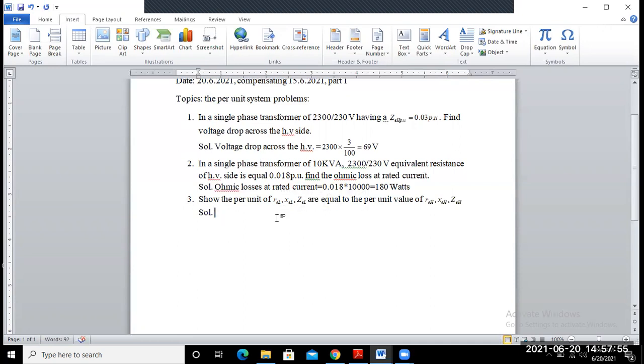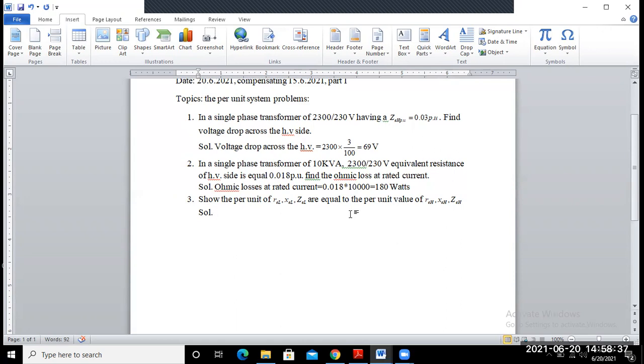That is equal to R suffix EL in ohm divided by the base impedance of the LV side in ohm: actual value in any unit divided by the base value in the same unit, according to the definition of per unit of a quantity. So the equivalent resistance of the low voltage side in per unit is equal to the equivalent resistance of the low voltage side in ohm divided by the base impedance of the low voltage side.